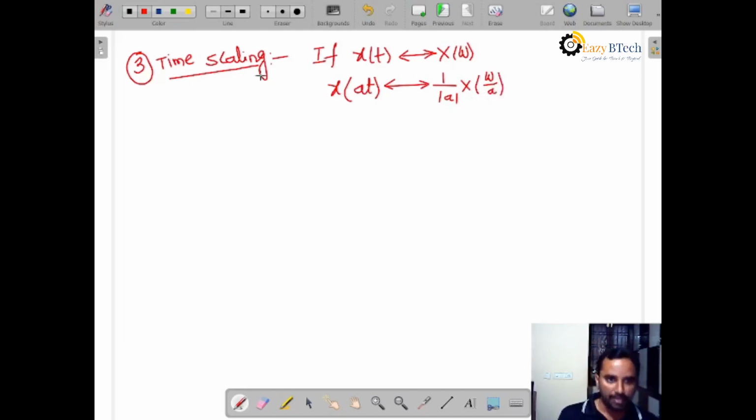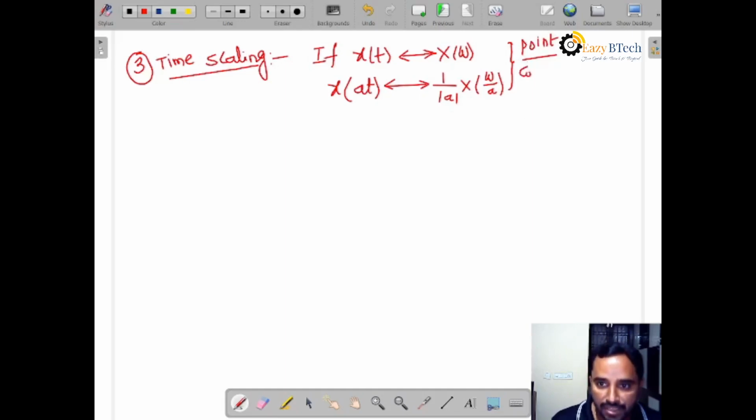And in this property we can understand one point. If the signal is compressed in the time domain, it will be expanded in the frequency domain.